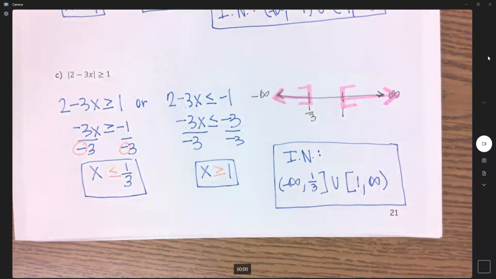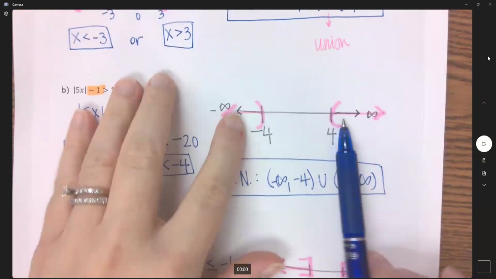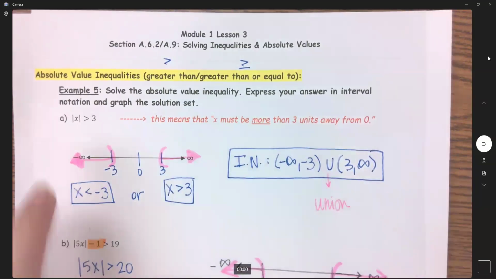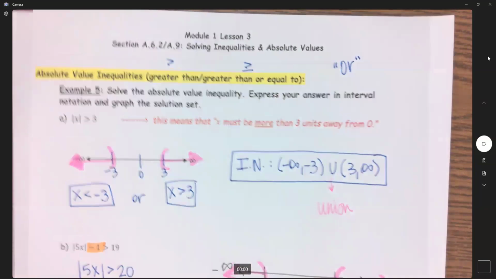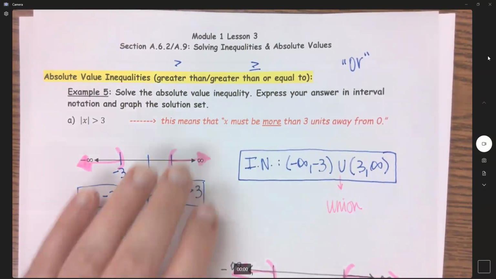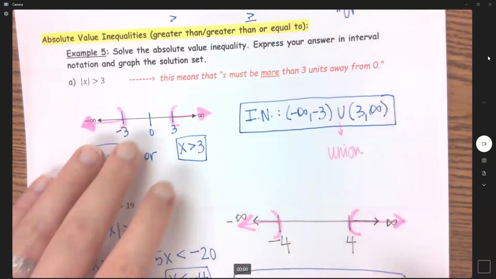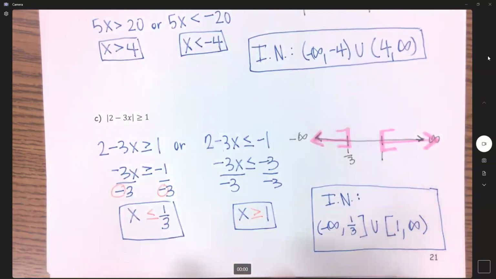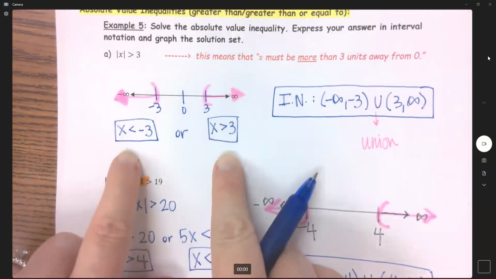So you can see here, what do these all have in common? Every time we have greater than, we're shading the outside portion here. These are our or statements. Okay, now it really doesn't matter if you memorize that greater than or equal to shades on the outside, if you use this to shade your graph correctly.